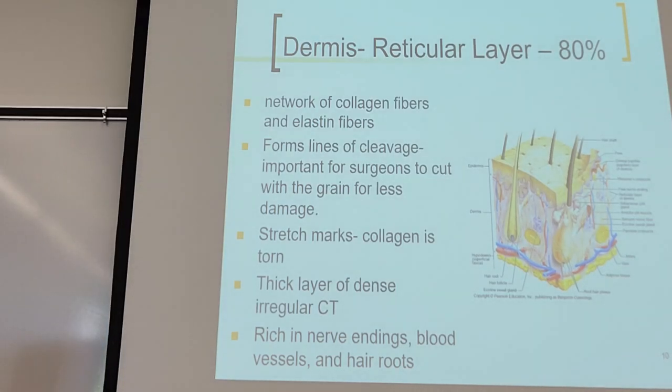They look for lines on the skin that they can follow so that when your skin heals, you get less of a scar and less adhesions, because you're going along the grain of the protein fibers.